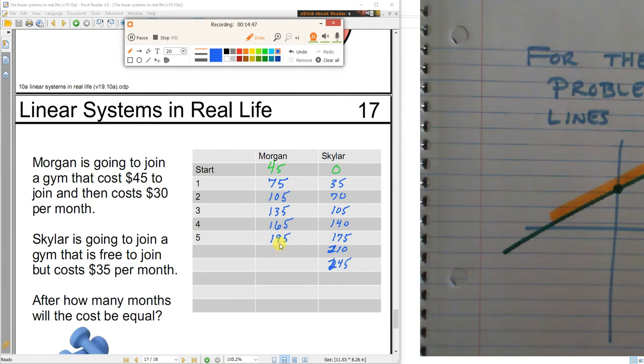Let's add 30 to this, takes me to 125. 30 to this takes me to 225. 30 to this takes me to 255.